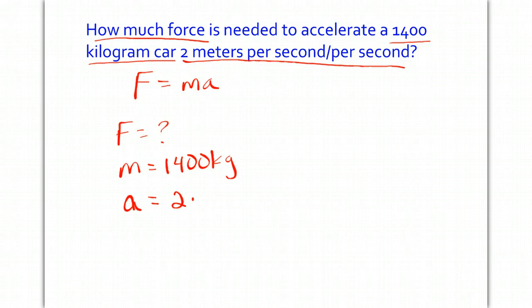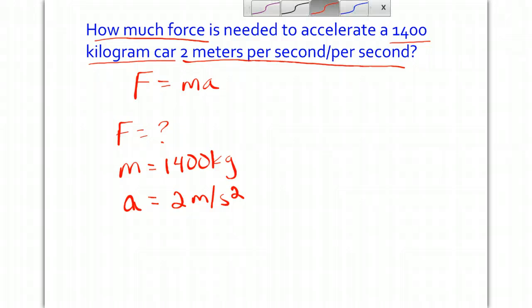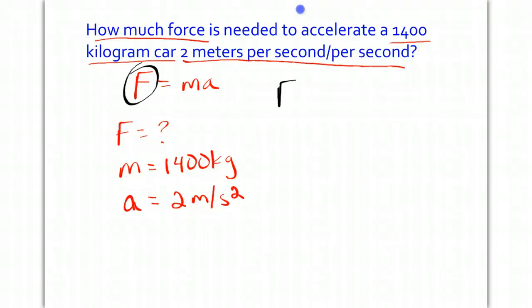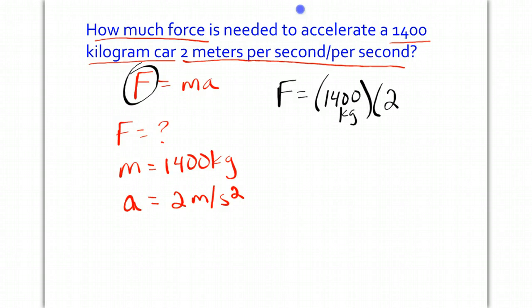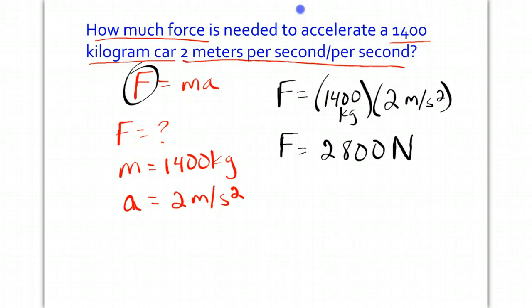So our acceleration is 2 meters per second squared. So we're solving for the force. Force is equal to the mass, 1,400 kilograms, times the acceleration, 2 meters per second squared. And so the force is going to equal 2,800 newtons.